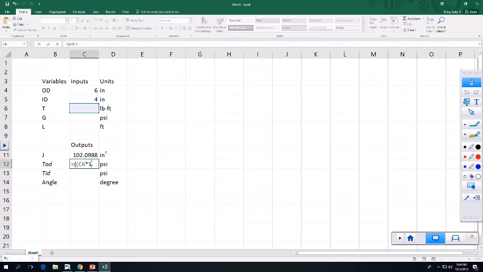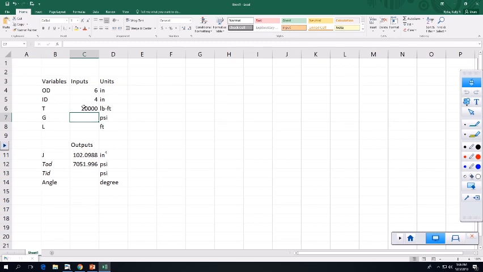Then it's going to be times 12, close parentheses, times parentheses, outside diameter divided by 2, close parentheses, divided by J, which is what I just calculated, that middle one right there. And then enter. Here it says 0 again because I don't have a torque in there. So my torque is 20,000. There we go, 7,051. Sounds good. Yeah, 7,060. They did a rounding.